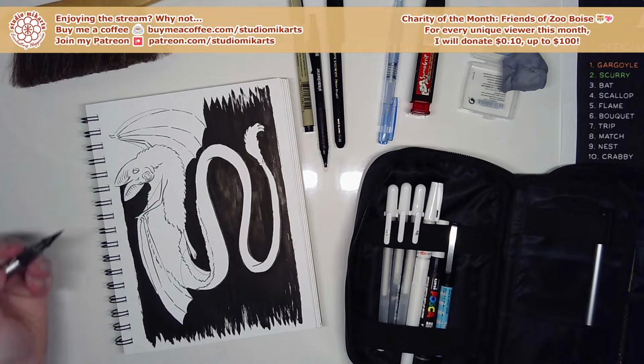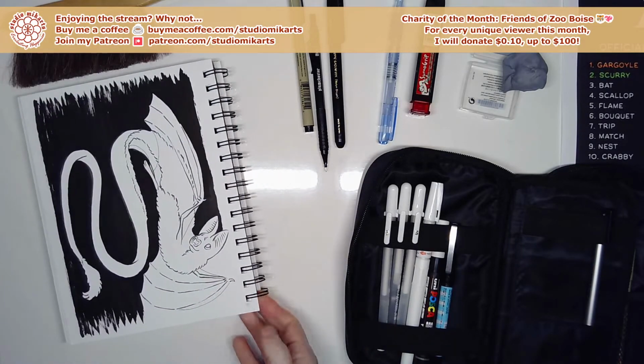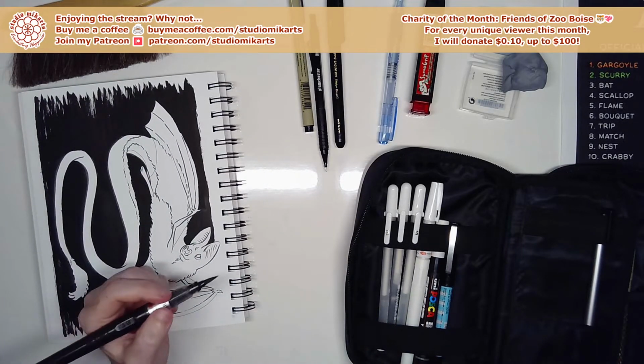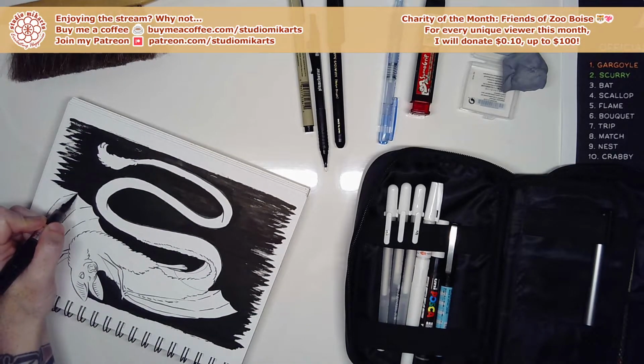My bat's ear is going above the line I've established. I think I'll just let it do that. Oh, let's do it this way, otherwise I might get my hand in ink again.